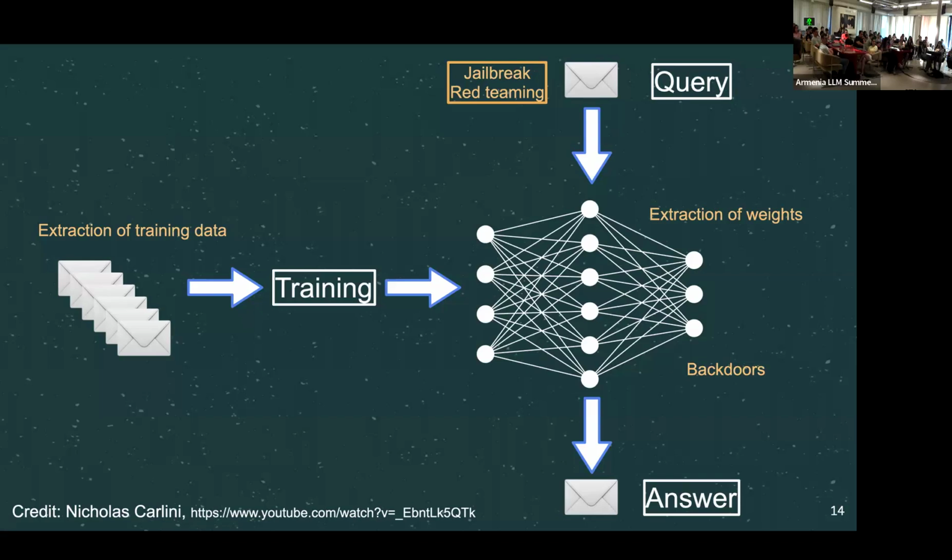And of course, you can attack the model at the level of the query and try to jailbreak it. So today we will focus here, but it's important to be aware that there is all this landscape, and in this pipeline, you can attach any process. Okay?